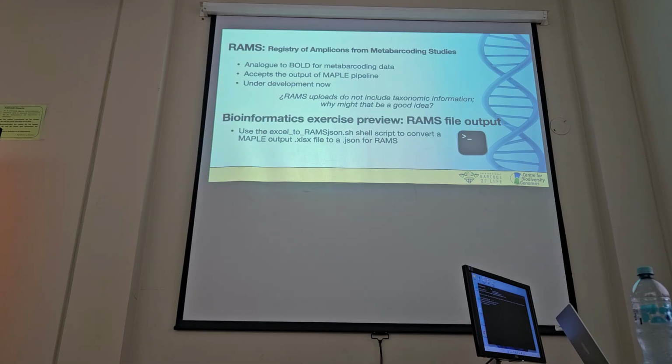Why do you think taking the taxonomy that's assigned when you run a metabarcoding sample and putting that online might not be a good idea? Let's think about that. So let's say I have a sequence, it tells me it's in the genus, the butterfly genus we looked at earlier, Danaeus, but there's another species. Why do you think that might not be a good idea to put online?